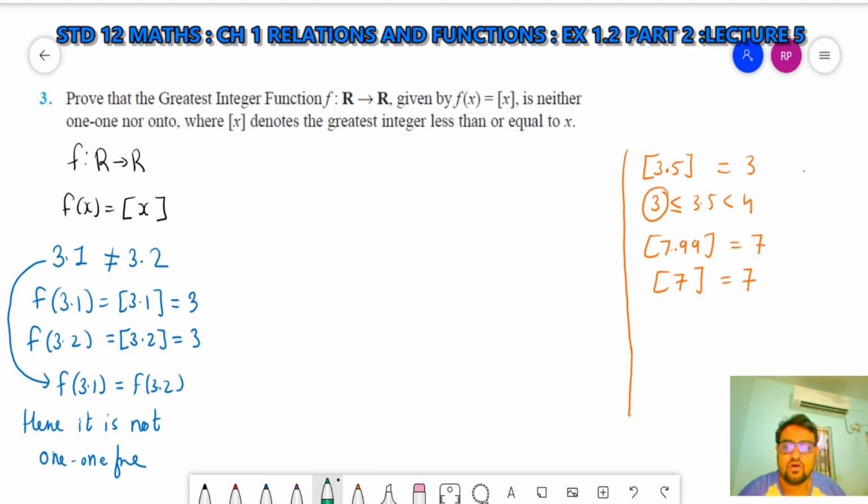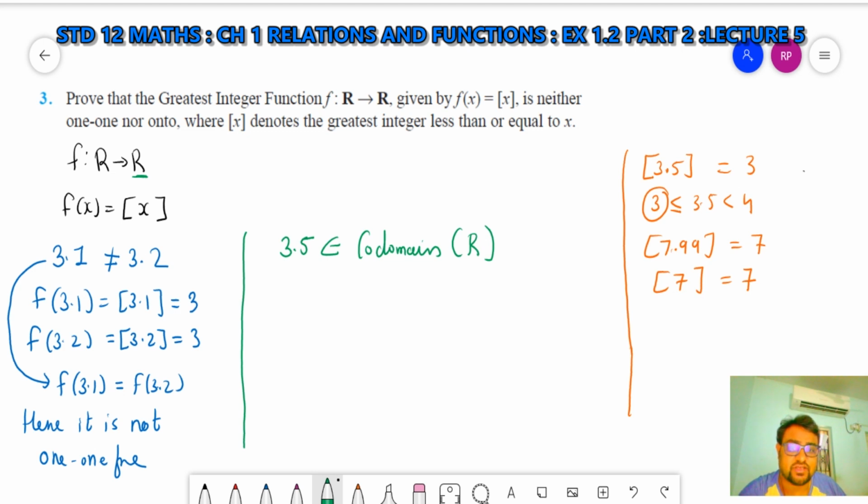Now it's time for not onto. Clear? Remember, in the greatest integer function, your answer will always be an integer. Now, what is the codomain here? R. That means it also includes numbers with decimals, right? You can say that 3.5 belongs to the codomain. What is the codomain here? R. And what is the range?